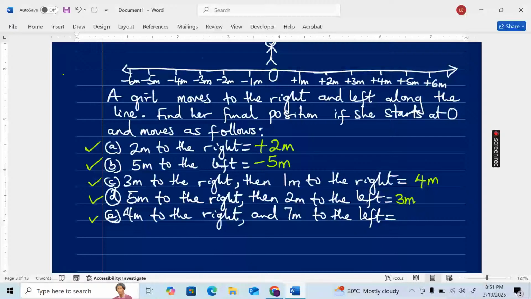4 meters to the right, 7 meters to the left. There must be meters beside your answer. If I don't call your answer, maybe you did not type your name, or maybe you did not put meter beside your answer. That may be the reason. Joel, correct, 5 points.